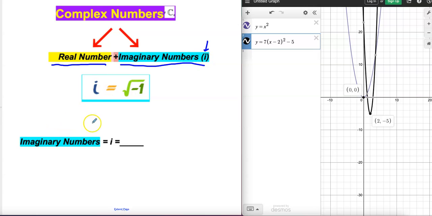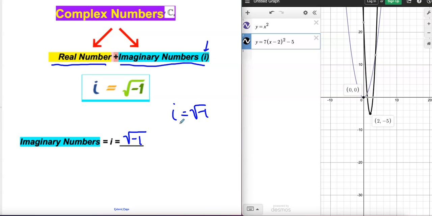The imaginary number i is just equivalent to the square root of -1. So if I write i, I'm just writing the square root of -1. Could I replace writing i with the square root of -1? Yes, I could, because they're equivalent. They mean the same exact thing.